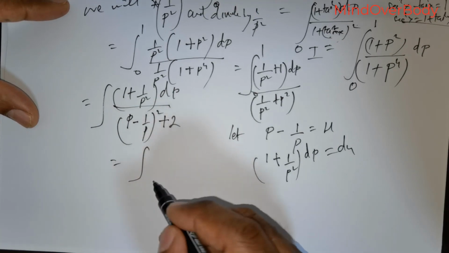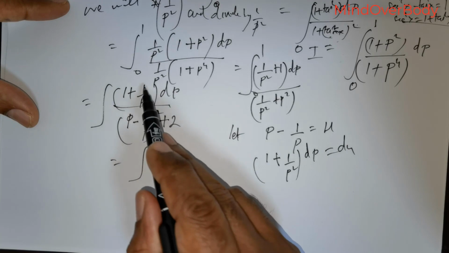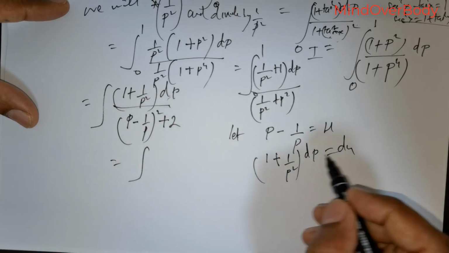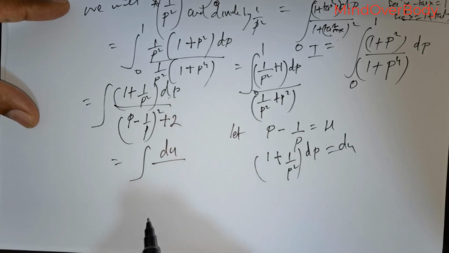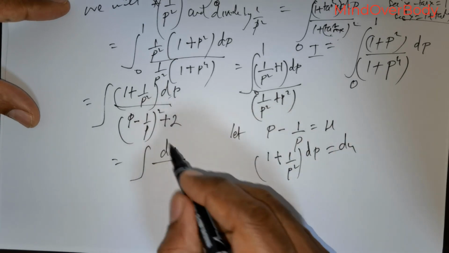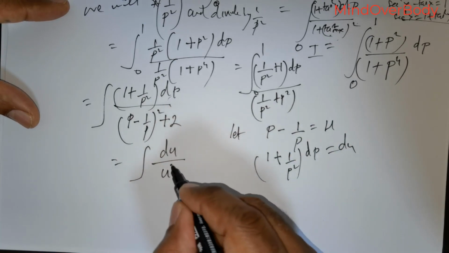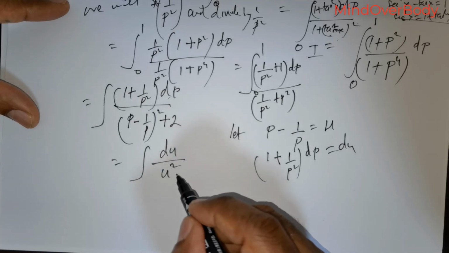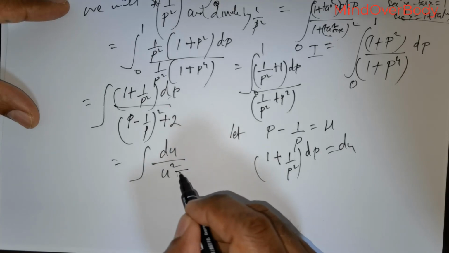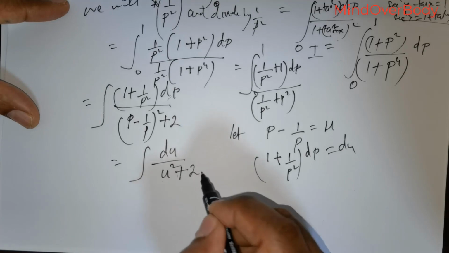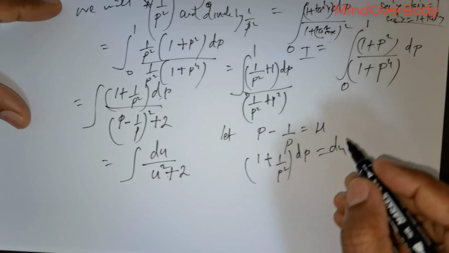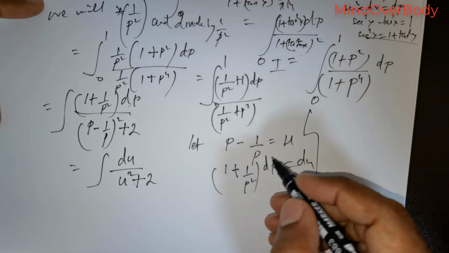So let's place in the values. In place of (1 plus 1 over p squared) dp, I will substitute du divided by, in place of p minus 1 over p, I will substitute u, with power 2. So this is going to be u squared plus 2.